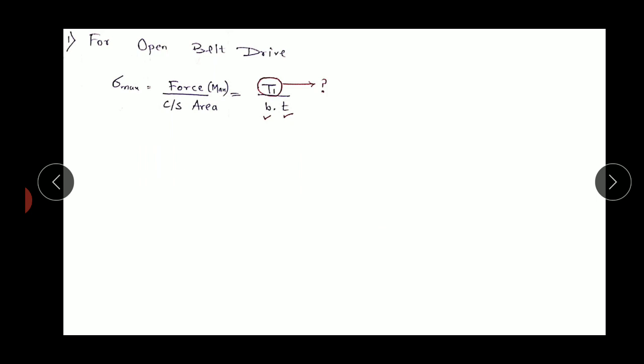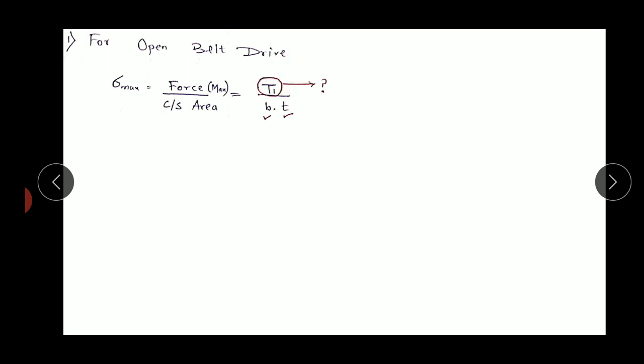So you can observe here, for open belt drive, stress is force per unit cross sectional area. And now as sigma is maximum, we need maximum force, and maximum force in the belt is the tension on the tight side, that is T1, over the cross sectional area of the belt. So width and thickness both are given, the only thing we have to find is T1.